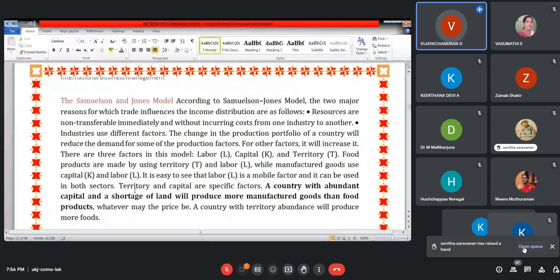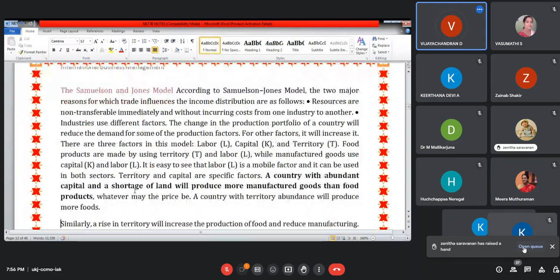In China, they even give holidays to the students for some purpose. In India we have plenty of labor force, so we produce labor-oriented products. We will export more handicrafts, like that. Okay, this is the Samuelson model.